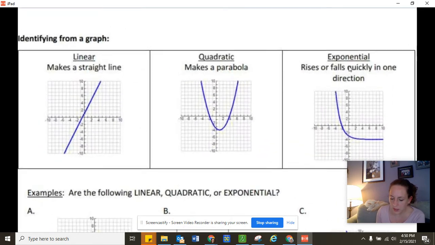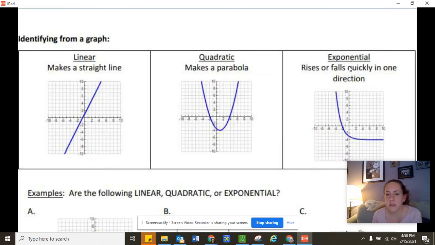Next, if you go by looking at a graph, linear makes a straight line, right? That's why it's called linear. Like line is part of the word. Quadratics make a parabola. They can go up, they can go down, but it's that U shape. Exponential looks like this. It either falls really quickly and then flattens out, or stays kind of flat and then all of a sudden goes up really quickly.